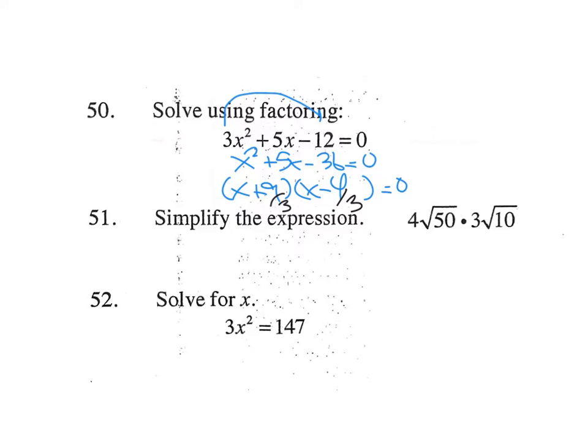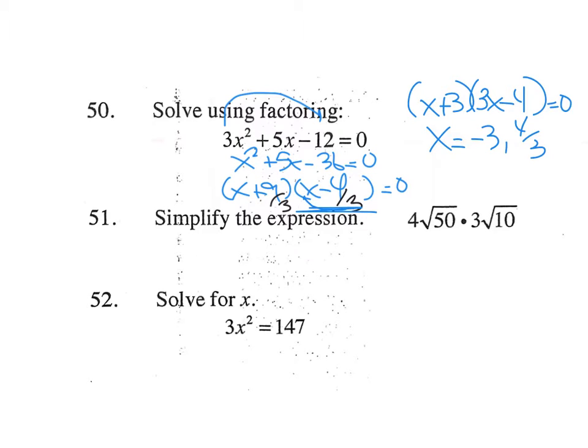Now because I know 9 divided by 3 is 3, I'm just going to put x plus 3 for the first factor. The second one, I can't do 4/3, so I'm going to slide the 3 back in front. 3x minus 4, that equals 0. So my two solutions are negative 3, and even from down here I can look, it was 4/3. If you don't know how to do this, you do the opposite of that number over that one to get your answer, or you can find it down here where you divide. That kind of tells you what it is too.